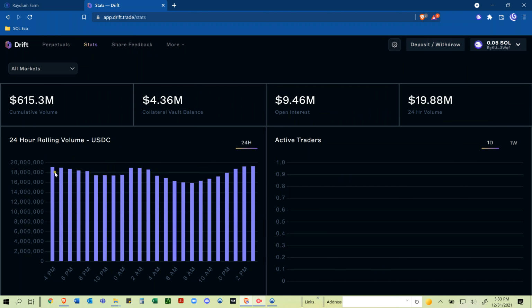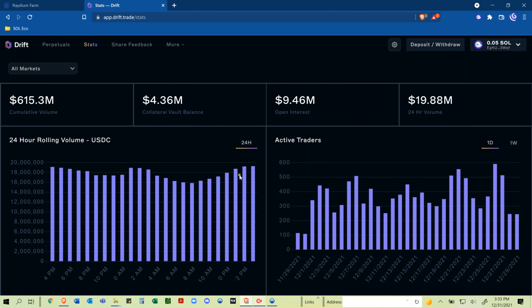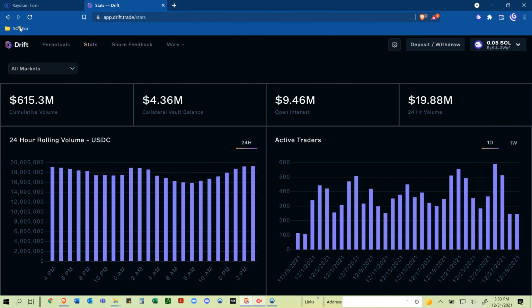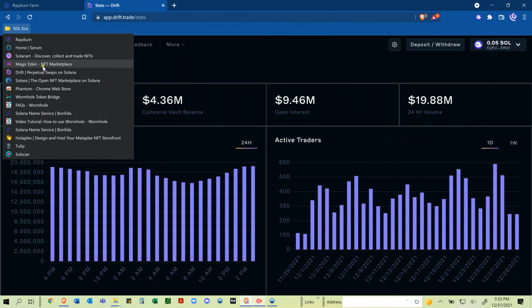Stats are pretty impressive when you look at 24-hour volume, about $18 million per day. There's an average of 300 to peaking 591 wallets connected. So if they all were even, that's a lot of money in every wallet there. I'm not going to do the math in my head. All right, so that's Drift protocol.